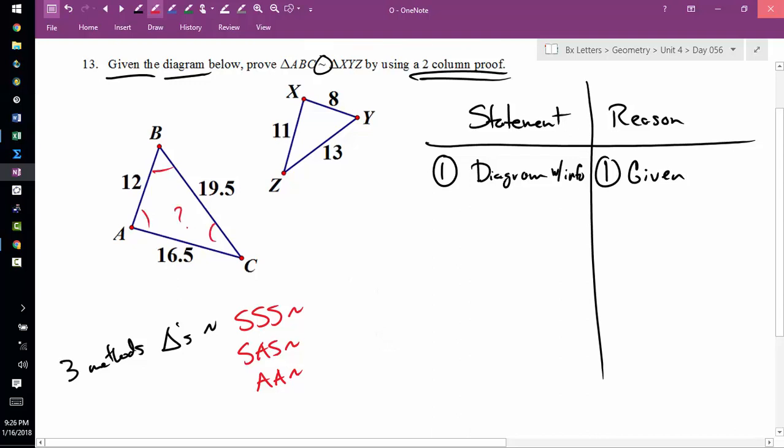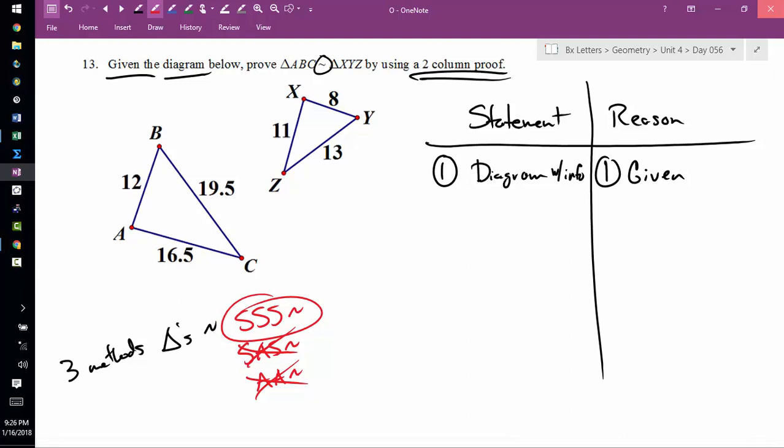It's a big mystery, so I can't use angle-angle, and I can't use side-angle-side because I don't have a single angle. This is going to be a side-side-side problem. And what I need to show is that corresponding sides grow at the same rate, that some dilation took place, that they're increasing or decreasing at the same scale factor.